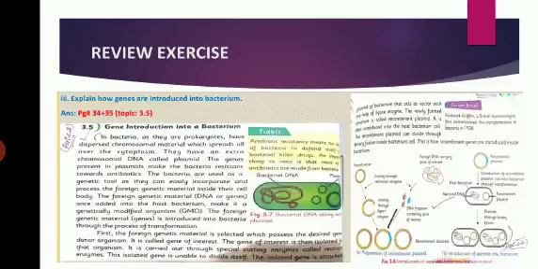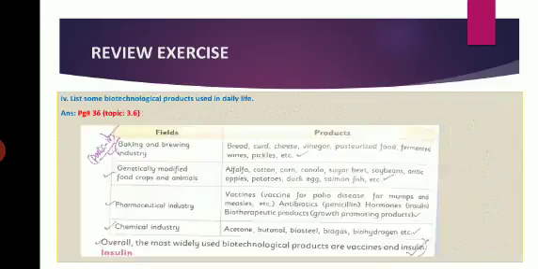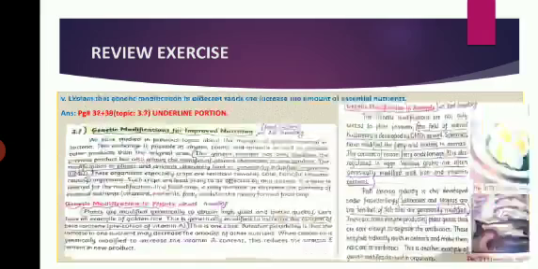The answer to this question is on page number 34 and 35, and the topic is 3.5. You have to learn the complete topic along with the diagram on page number 35. Next, question number 4 is, list some biotechnological products used in daily life, and the answer is on page number 36, and the topic is 3.6.